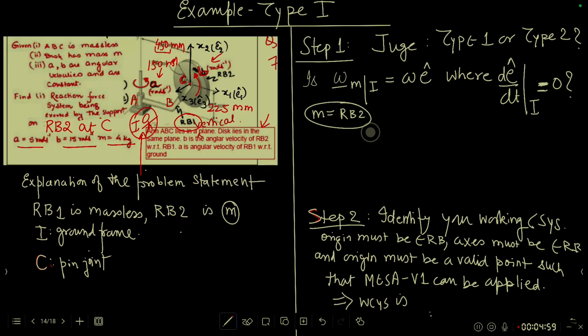Mass of the disc is 4 kg. But more than numbers, this problem needs really good insight and clarity about the procedure of getting the solution. One of the more difficult problems that you will come across. If you are able to understand this, you will be able to solve many other problems.